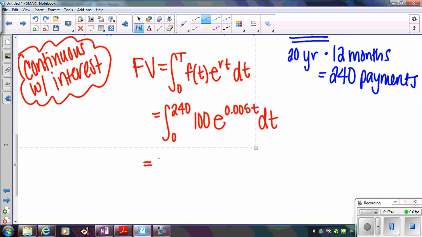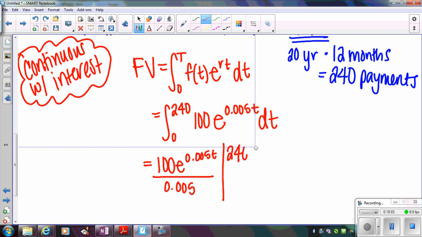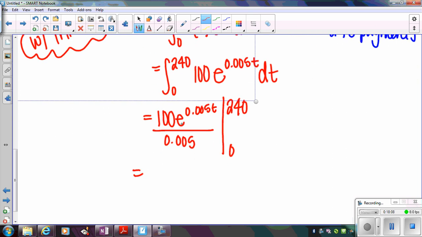So our integral is going to look very much the same because it's the same problem. So 0.05, keep that exactly the same. And then remember to divide whenever you're integrating with e to a power. So we divide by the number in front of t. So there's my integral, and the only difference here is we're just plugging in different numbers at the end. So I'm going to just rewrite this as 20,000 again, dividing those out.